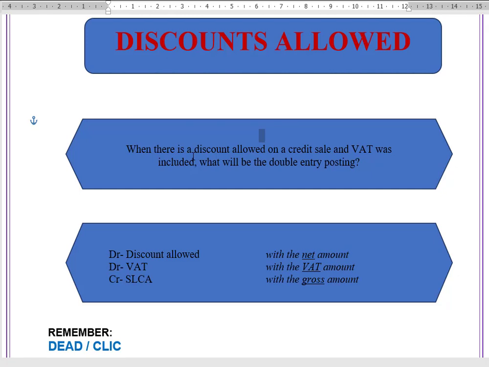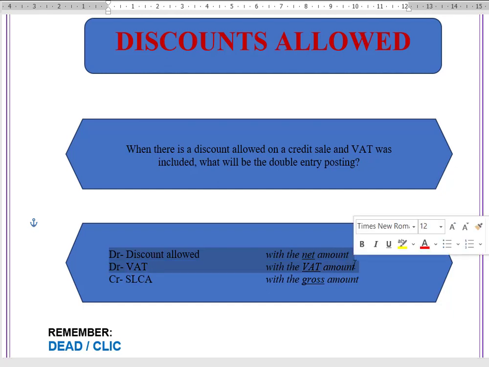That amount will be a debit because it is an expense. What type of expense are we talking about? Discount allowed. So we will debit discount allowed with the net amount. You would also debit VAT with the VAT amount. VAT, why?